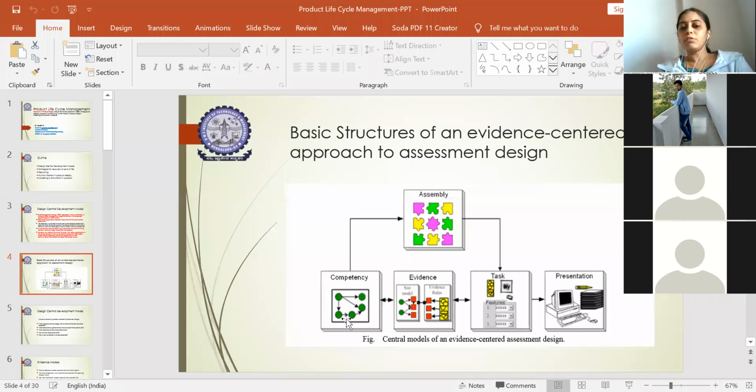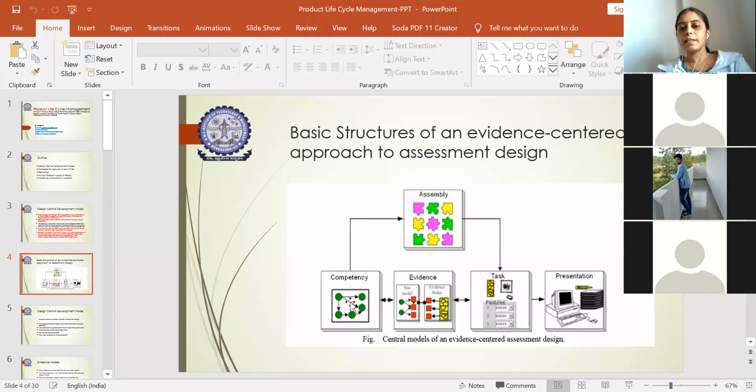We have dealt with different design processes and how the design process got evaluated, right? In today's market there is a lot of competency. So a normal regular design cannot make you competitive in the world.